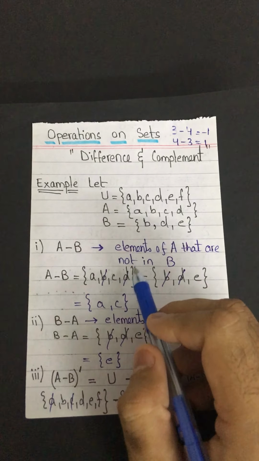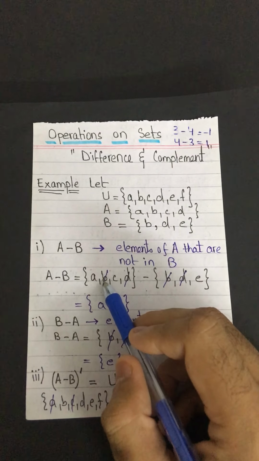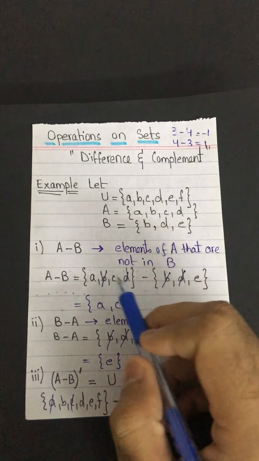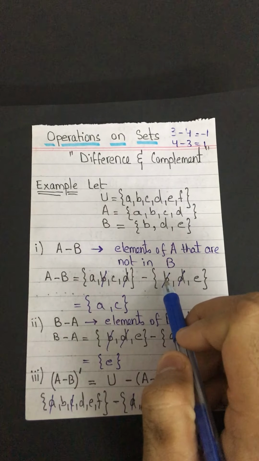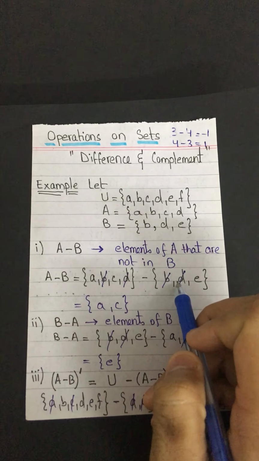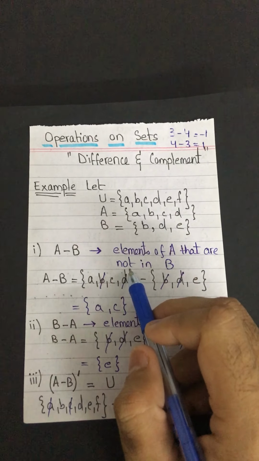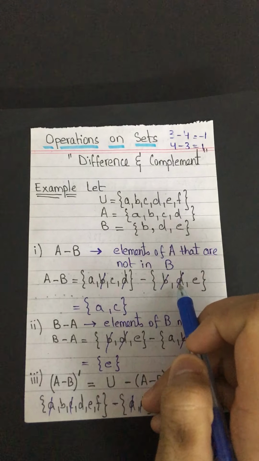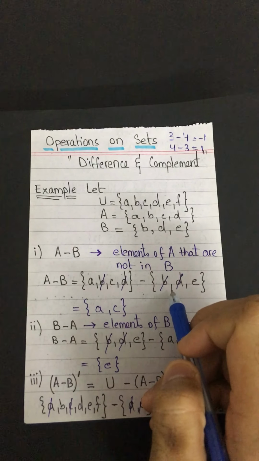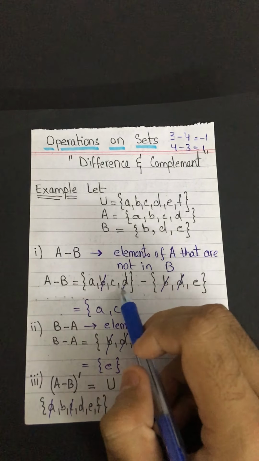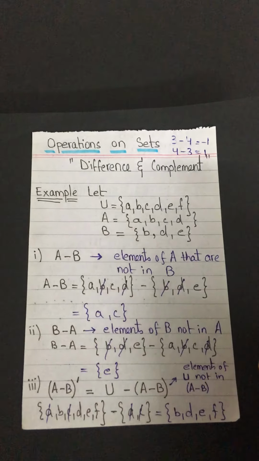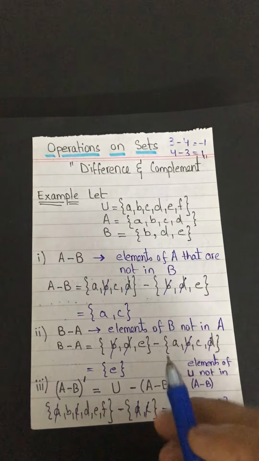I will just cancel out the common elements first. Since B is here and B is also here, I will cancel out B. A is here, A is not here. C is here and C is not here, so I will leave C. Then again D is here and D is also here, so I will cancel out D as well. There are no other common elements between A and B, so I will now move towards my answer.